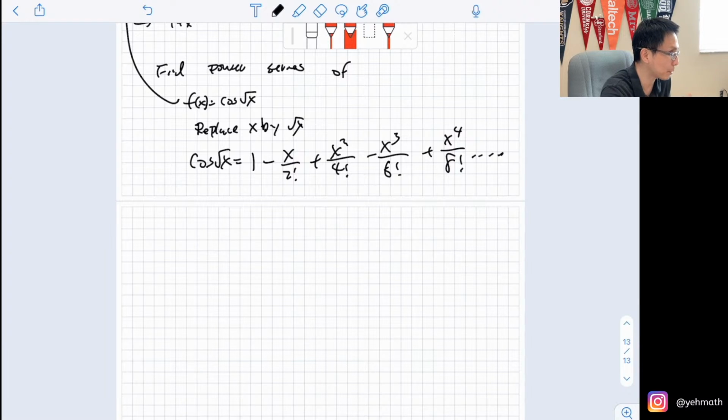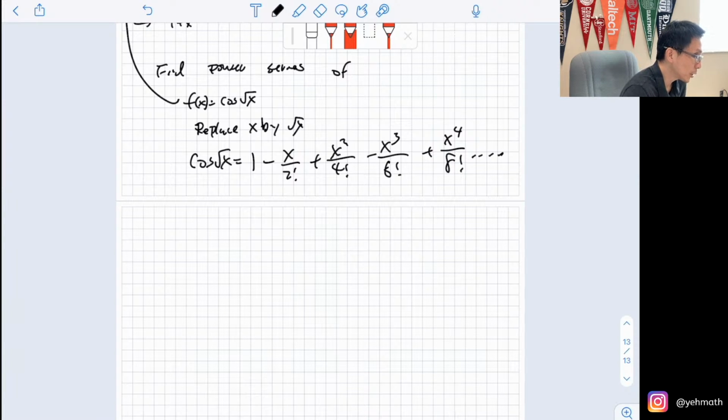So you can derive the power series from those basic lists. Those basic lists are very, very easy.